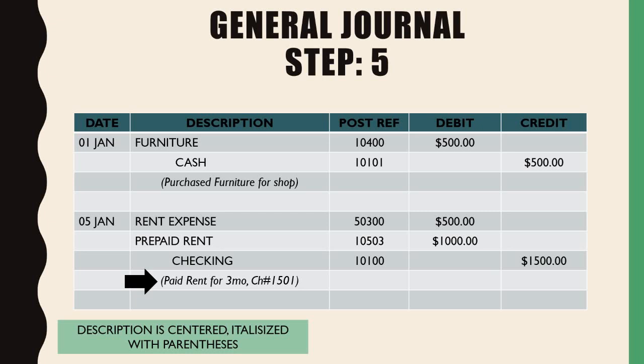So that's the last thing: you're going to create a description, because you may not be the only person looking at the journals. You can have an advisor look at your journals, and if the description is blank, then the other person reading your journals isn't going to make any sense of this. They don't know what transaction you're recording.